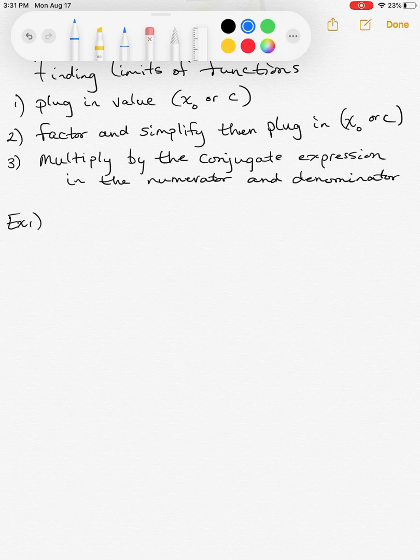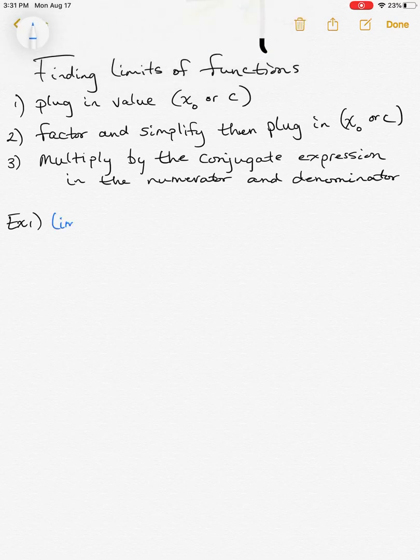It says, find the limit as x approaches 3 of, let's say, 3 times t minus 3 times t minus 4.